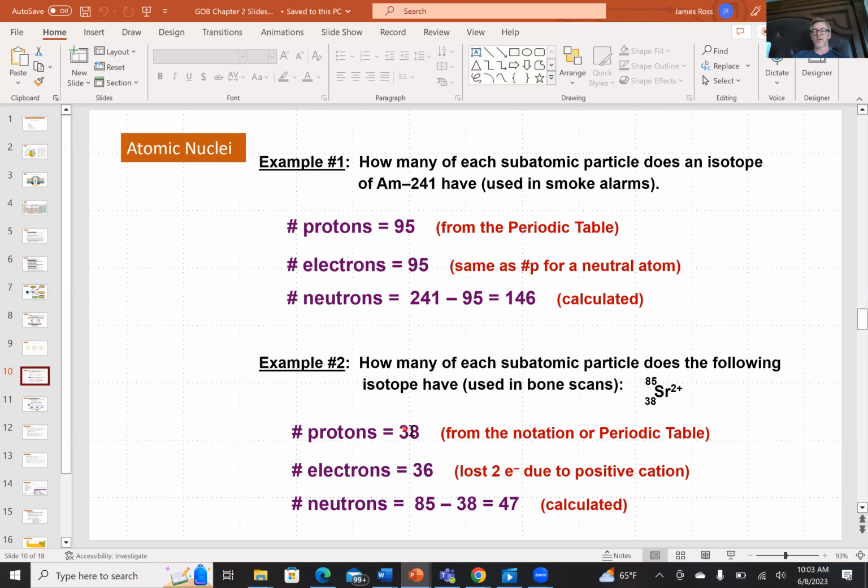So we know it's got 38 minus 2, which is 36 electrons. These numbers can be different whenever there's a charge. If you've got more protons, you have a positive charge. If you had more electrons, you would have a negative charge. Neutrons, though, we've got a mass of 85. Subtract the 38 protons from 85, and we get 47 neutrons.